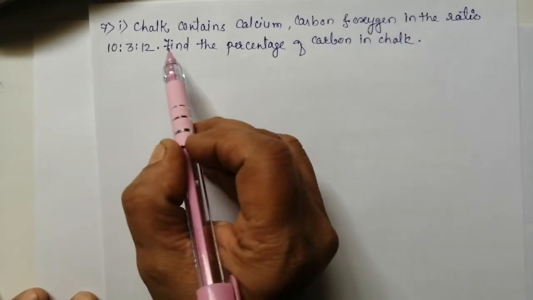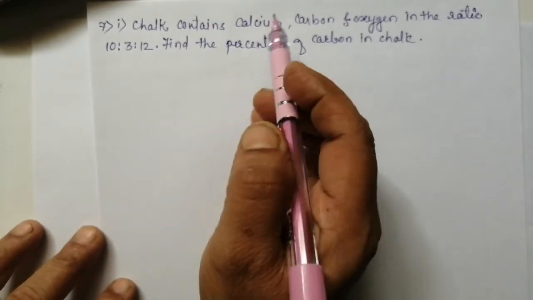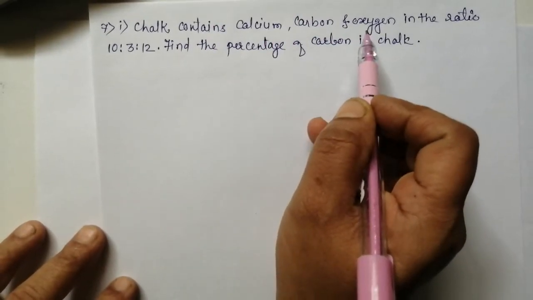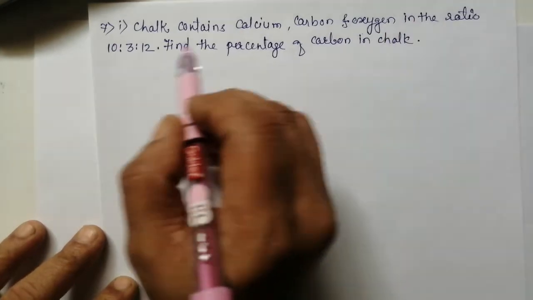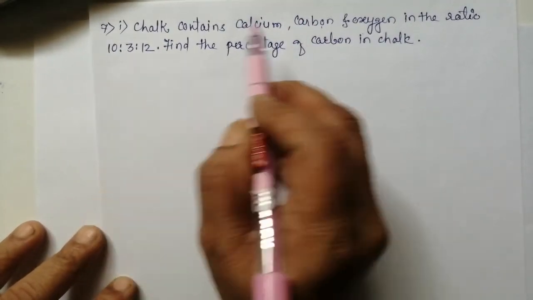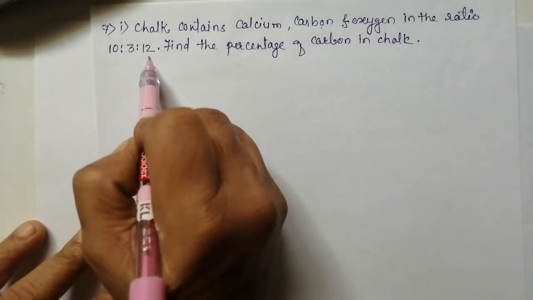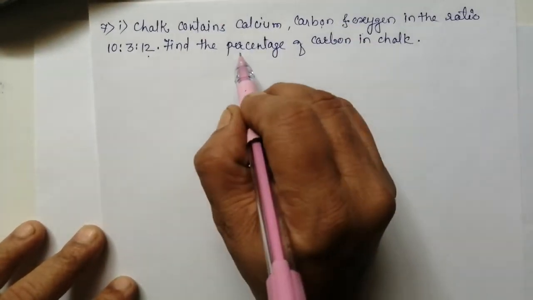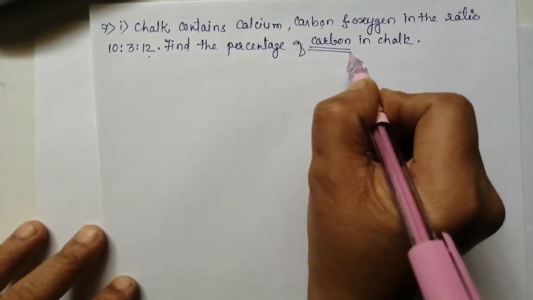Here it is given that chalk contains calcium, carbon and oxygen in proportion: carbon 10, calcium 3 and oxygen 12. Now we have to find out the percentage of carbon in the chalk.